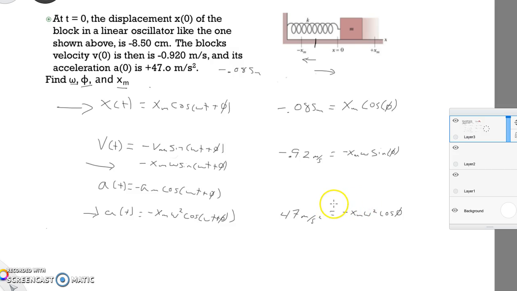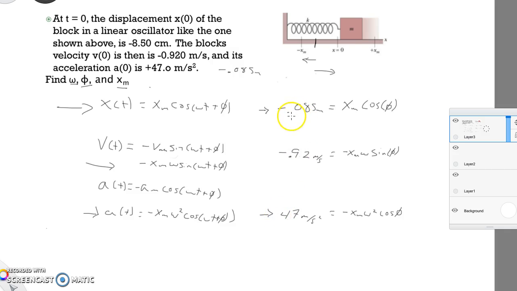Okay, now right off the bat, we can actually solve for omega if we take the position equation and the acceleration equation and divide them. Okay, so we'll go ahead and do that.